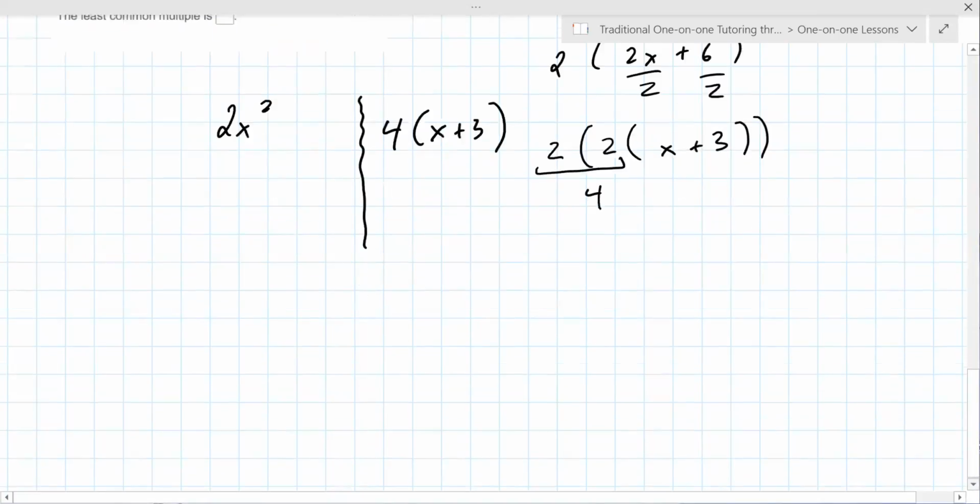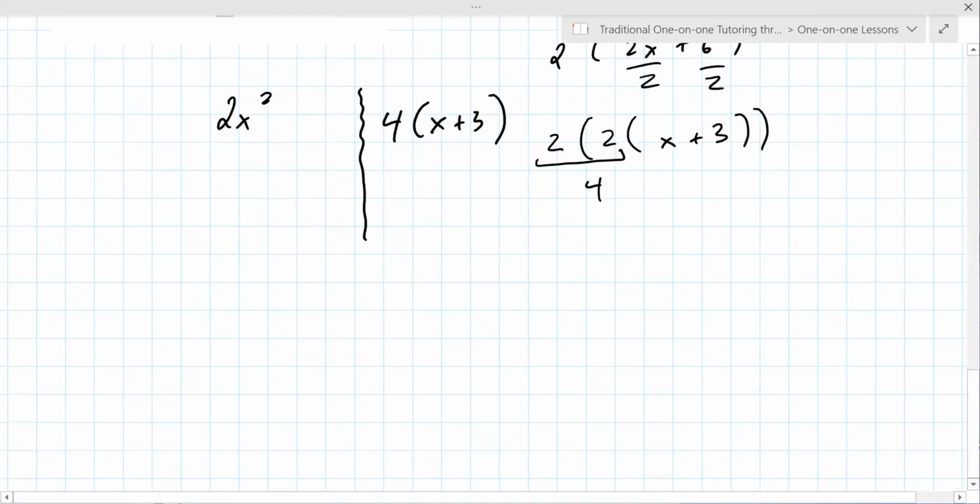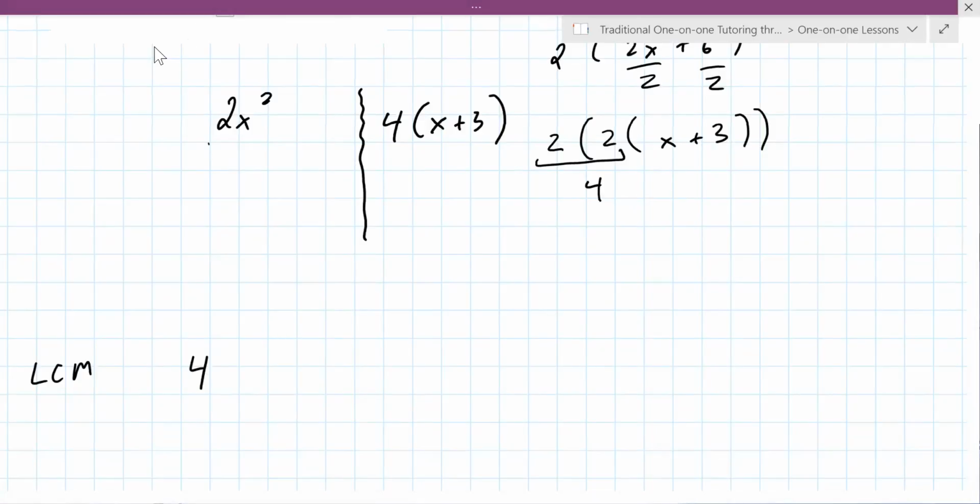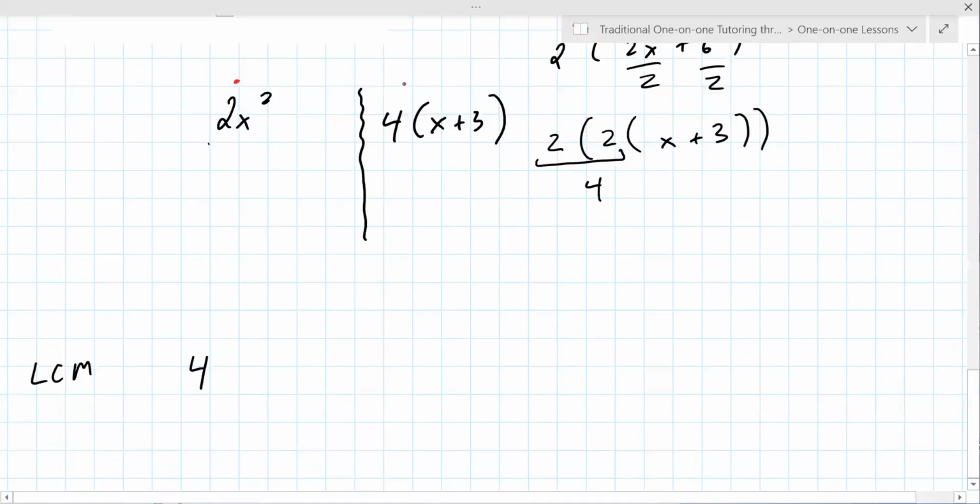Okay. Now this one's a little bit awkward because the numbers don't match, but you're looking for the LCM. The LCM between 2 and 4 is 4. So we can effectively say we've accounted for the 2 and the 4.